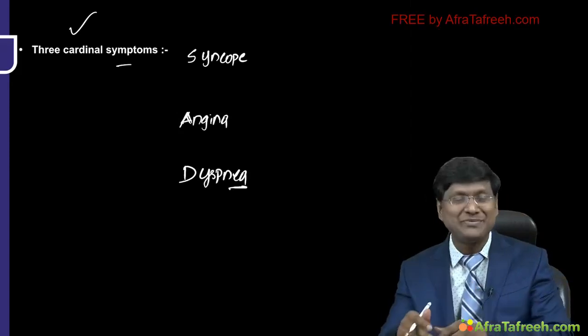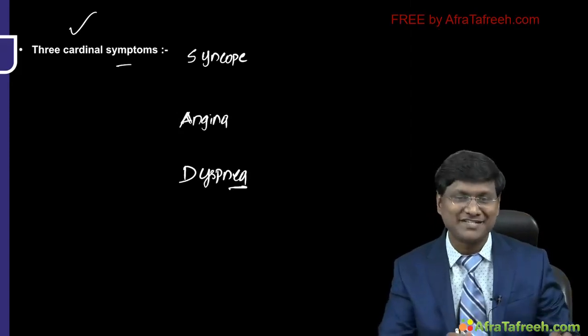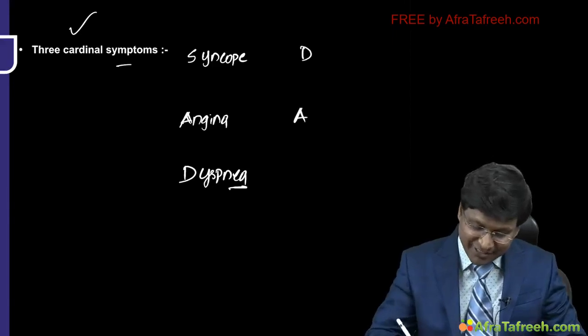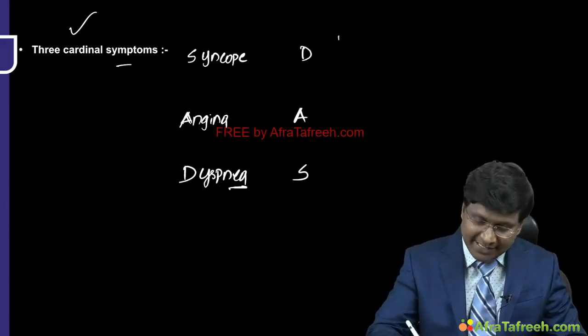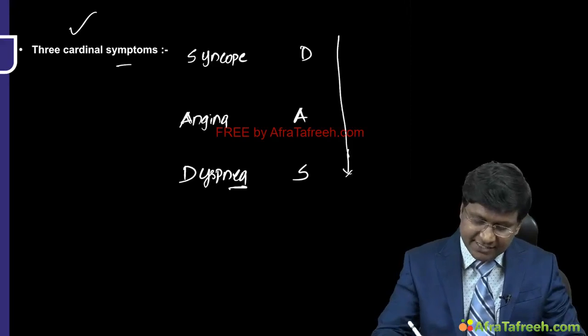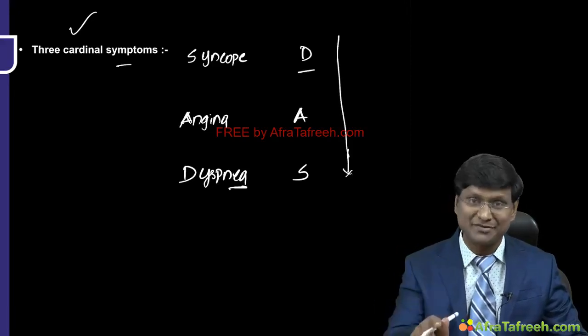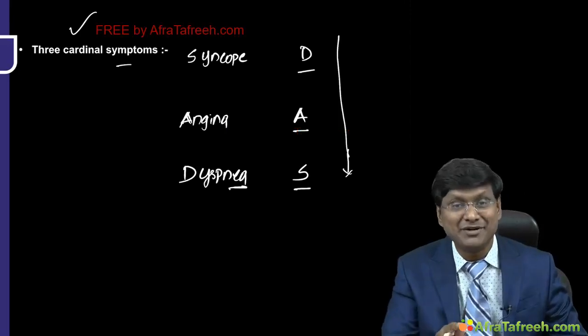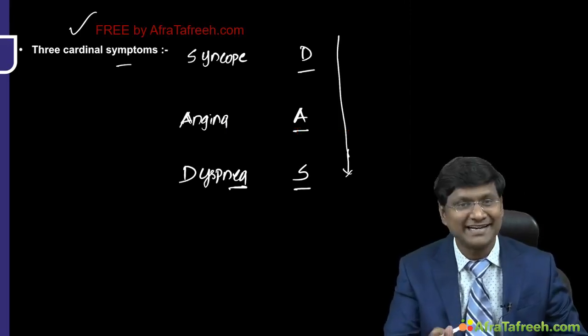But if you see the sequence of development of the clinical features, it is exactly the reverse of the mnemonic. Just remember the mnemonic thus. In this sequence the clinical features develop: initially there will be development of dyspnea, then angina, then the syncopal attack, right?